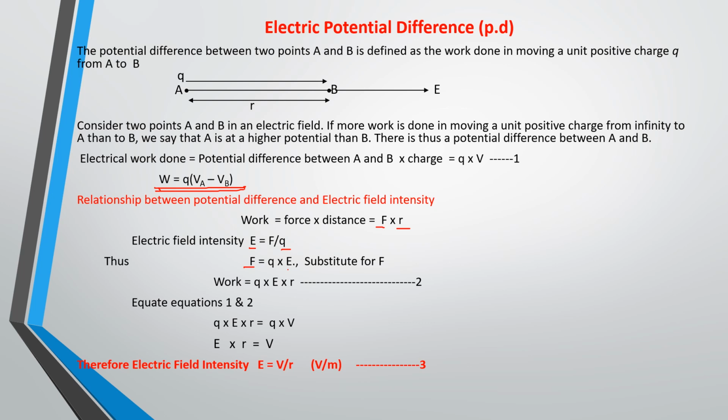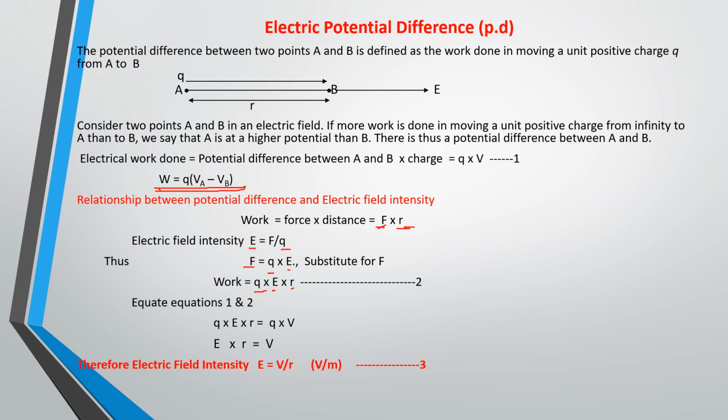So work done is force times distance, which is charge times electric field intensity times R.